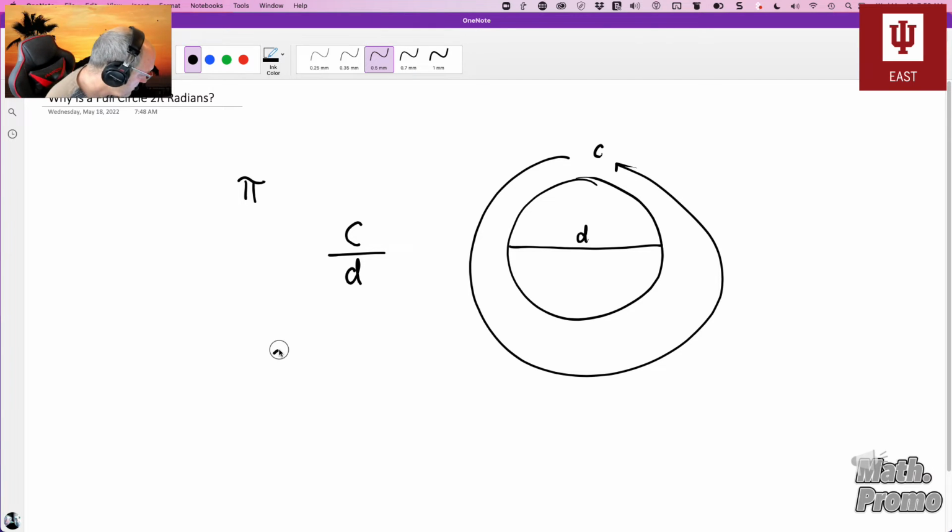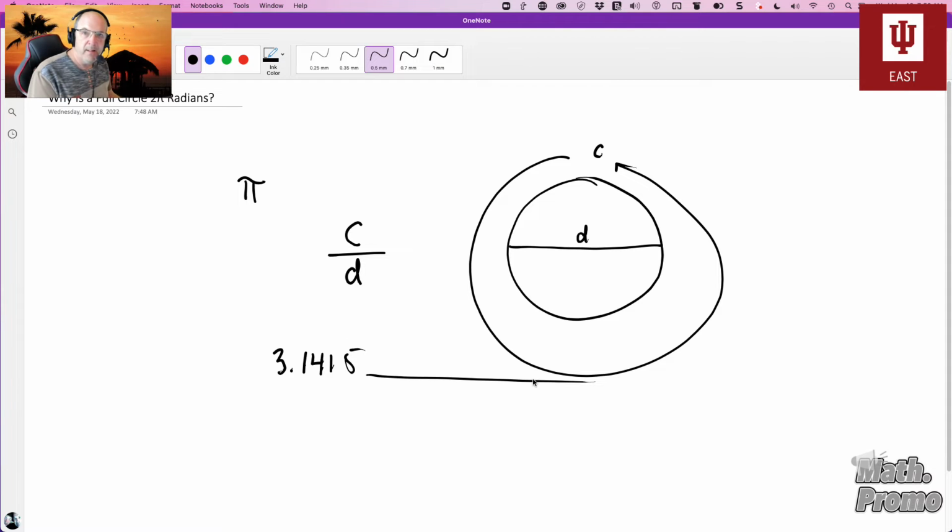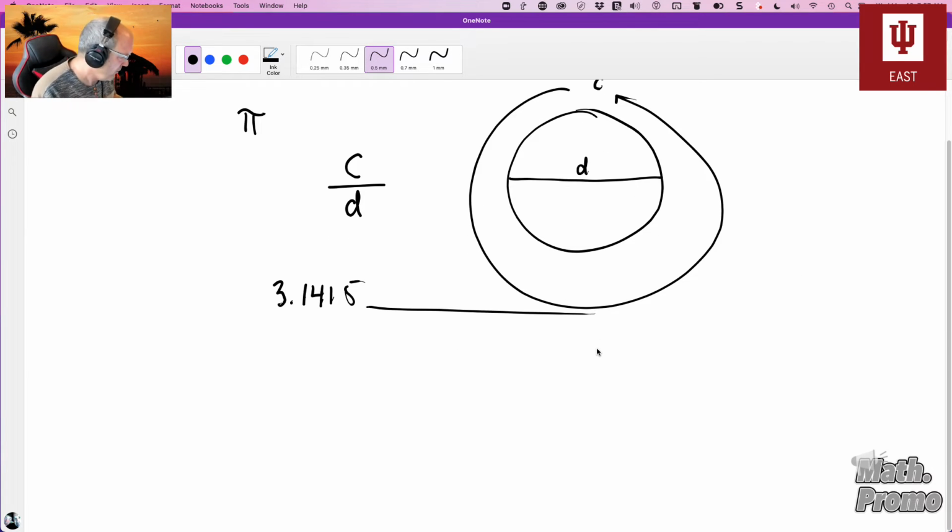The number started off as 3.1415, but it's a never-ending, never-repeating decimal. It's an irrational number. And they decided at some point to call this circumference divided by diameter pi. Easy enough.